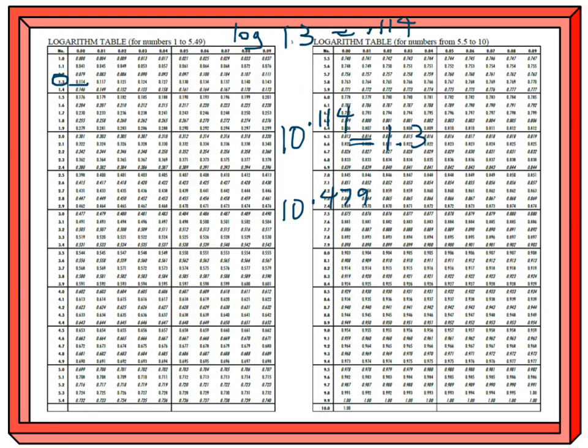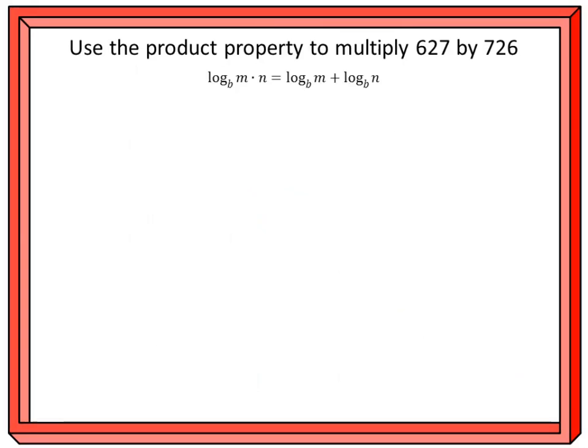I go backwards here. 0.479 is right here. 0.479, the answer to that is 3.0, and then it is in the second column, so it is an additional 1/100th there, so it's 3.01.